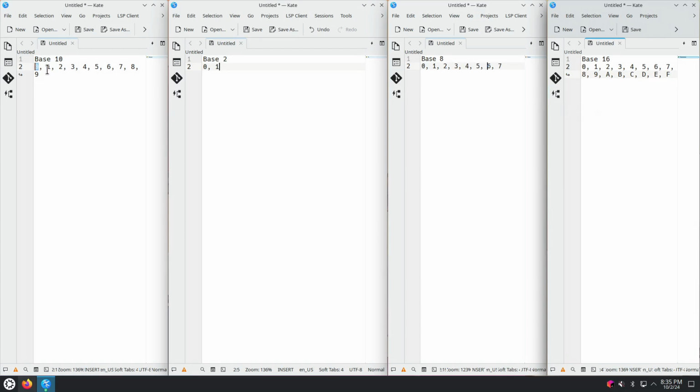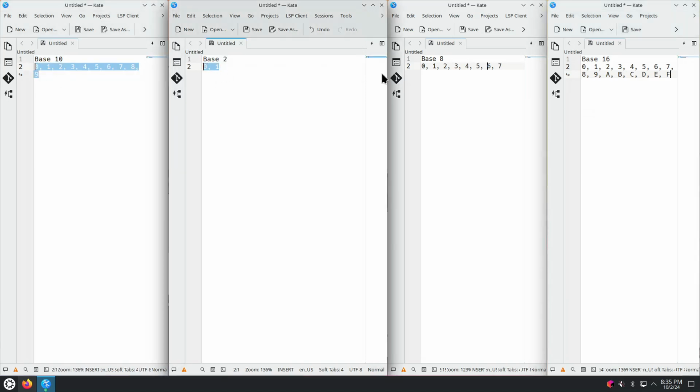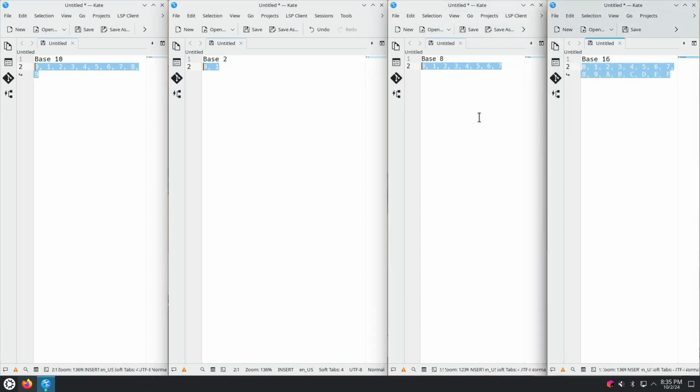Base 10 has 10, base 2 has 2, base 8 has 8, base 16 has 16. So the number in base represents the number of digits in the numeral system.